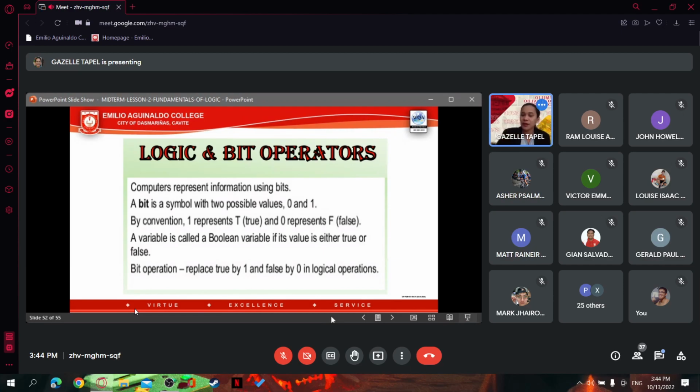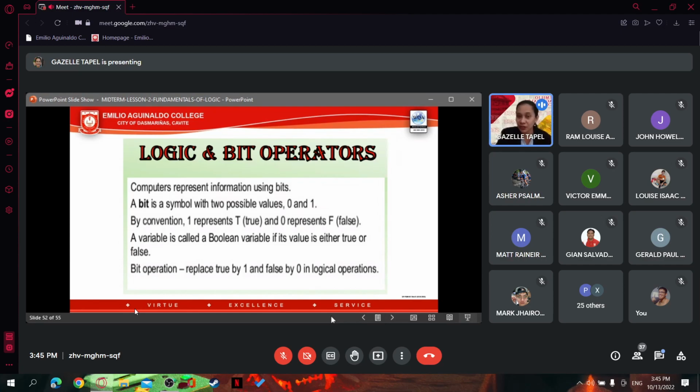So, mamaya, gagamit tayo ng same na operator na conjunction na and, na disjunction na or, na exclusive or. Same lang yung concept niya, iba lang yung symbols na ginamit. Basta 1 stands for true, 0 stands for false.